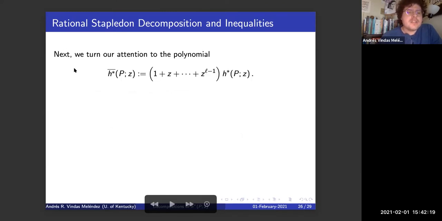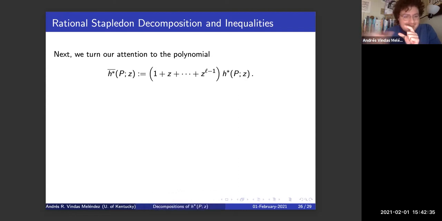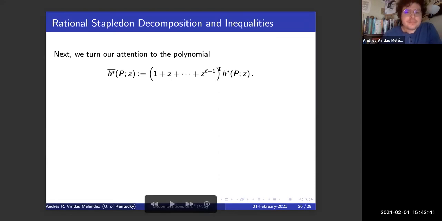But so let's turn our attention to this polynomial, okay? Again, this is nothing crazy. All I'm defining is this h star bar polynomial, which is just the h star polynomial times the denominator of that rational function that was presented in the decomposition. I'm just kind of multiplying it over, okay?